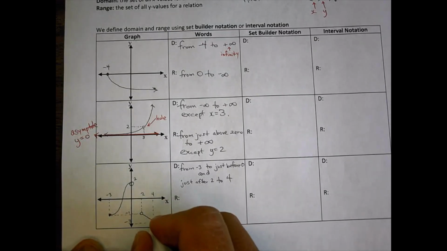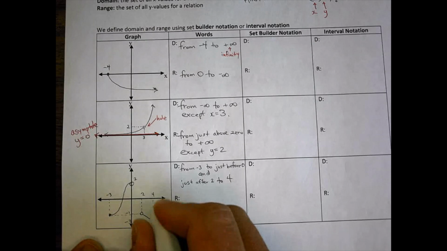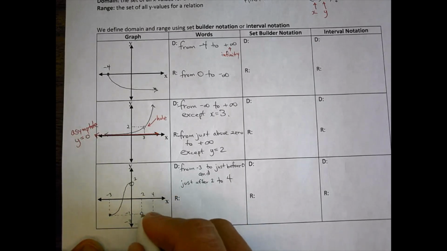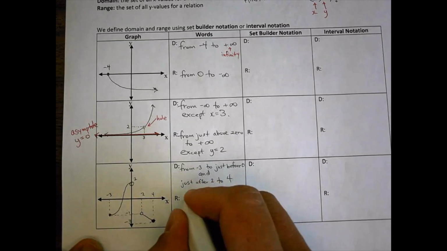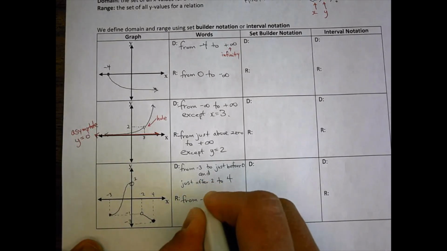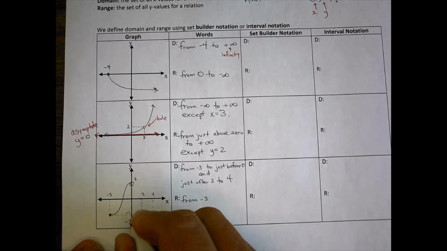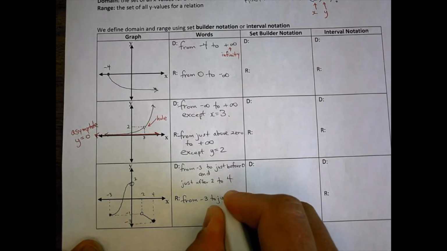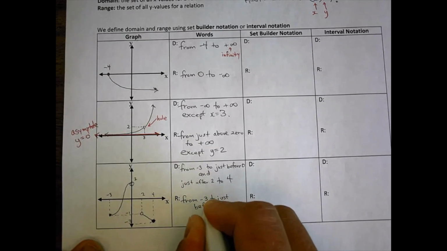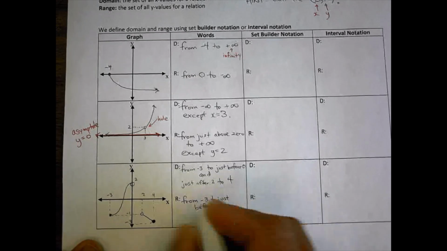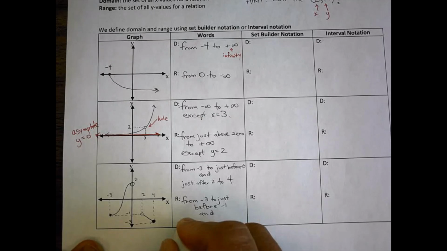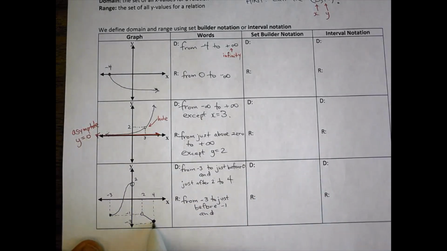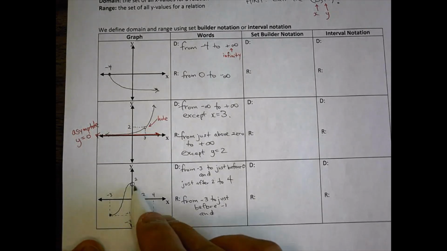So note the difference, right? The colored in dot means I include that value 4. The circled dot there means that I do not include the value 2. Similarly, the range: the y values are from -3 to just before -1, and from -1 all the way to just before 2.